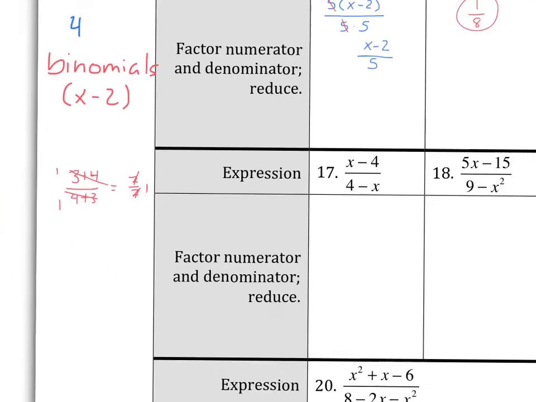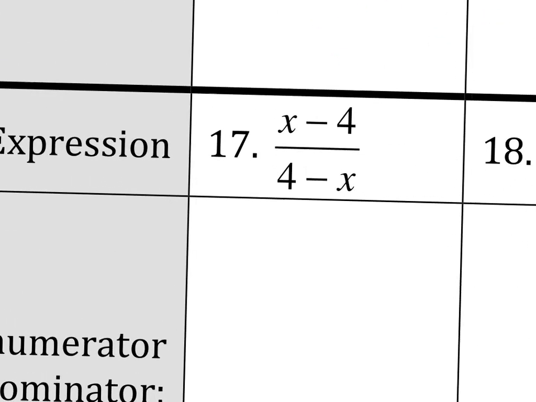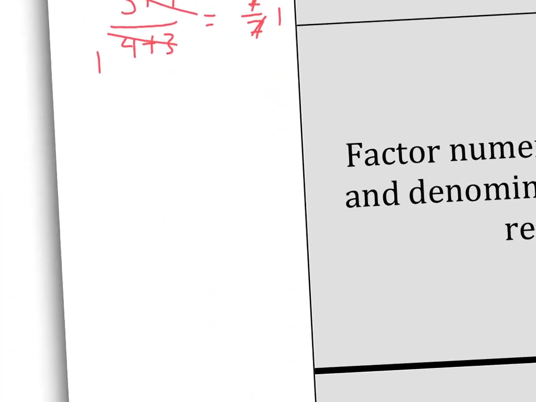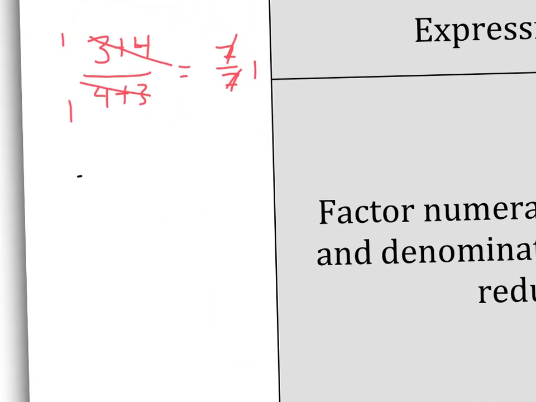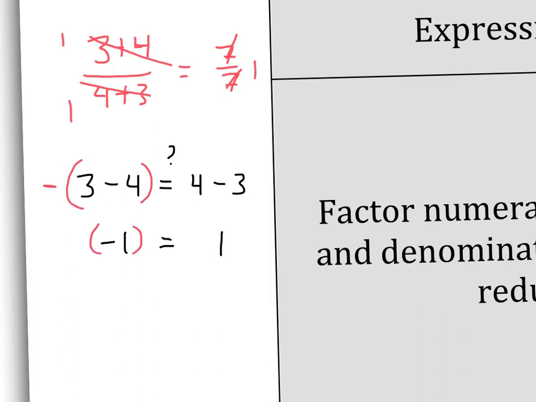When we're looking at number 17, we wonder if the commutative property works here. Well, let's try an example real quick. Is 3 minus 4 the same as 4 minus 3? No, they're not, because this gives me a negative 1 and this gives me a positive 1. They're almost the same. How are they different? They're opposites. One is the opposite of the other. So what if I put a negative outside here?